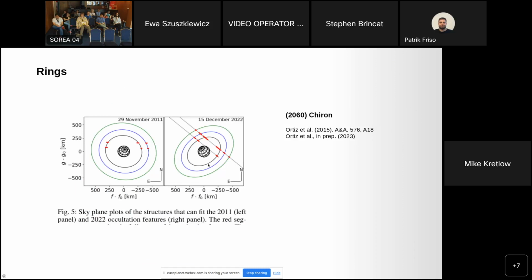We already had some events in 2011, an occultation with some secondary events. At that time, it was already assumed that it might be some kind of rings or shells. And half a year ago, we had another occultation where we clearly could detect the secondary events, which we think are caused by a ring system around Chiron.